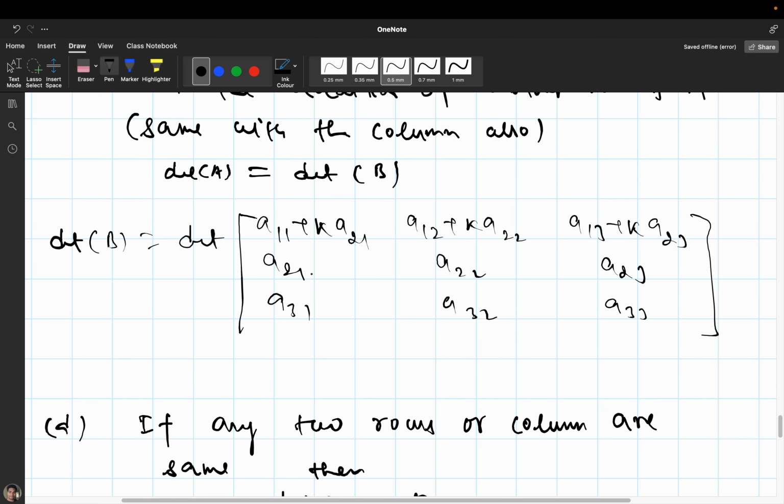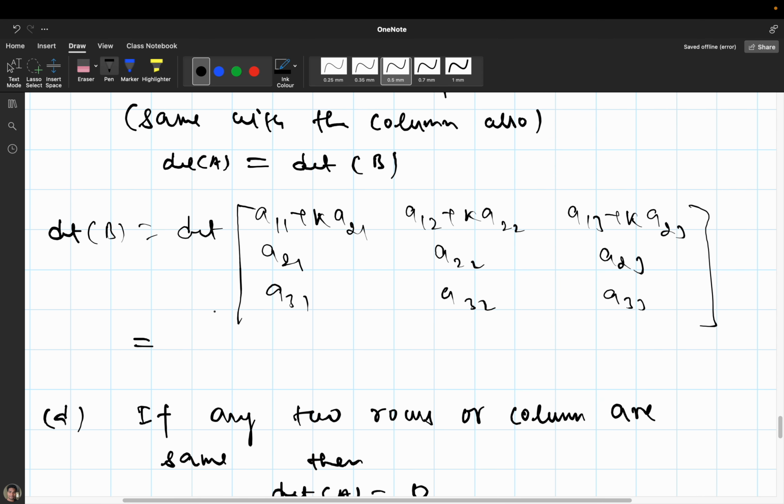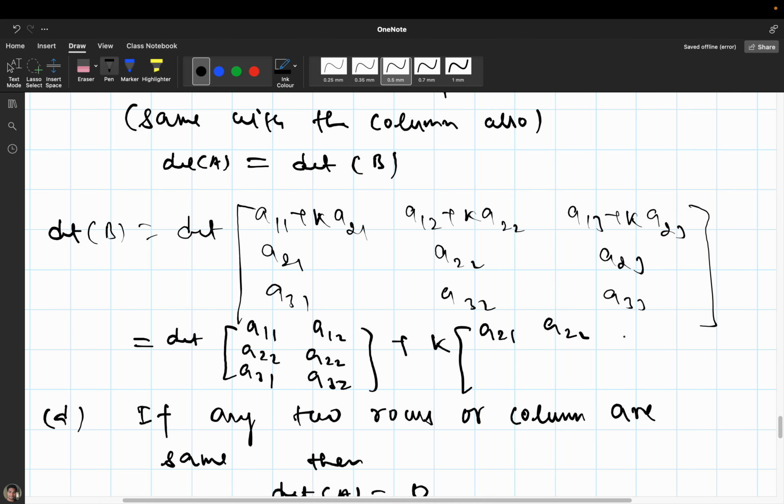That is the operation I have done. Now, by using the same property that I discussed earlier, you can see that I can separate it: the first determinant has rows A11 A12 A13, A21 A22 A23, A31 A32 A33, plus K times the determinant with rows A21 A22 A23, A21 A22 A23, A31 A32 A33.